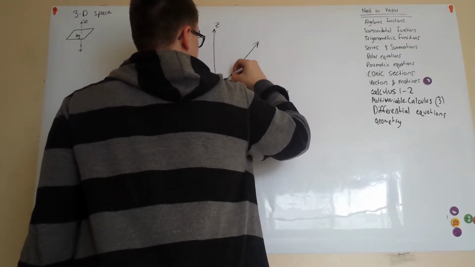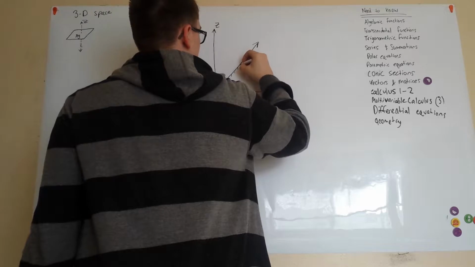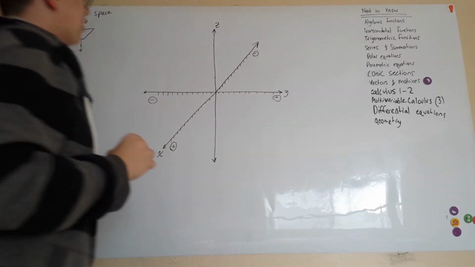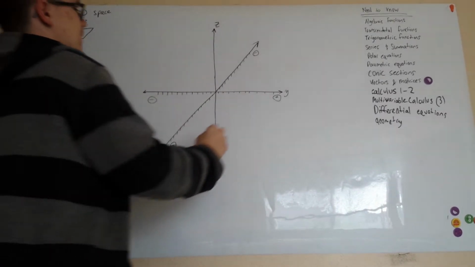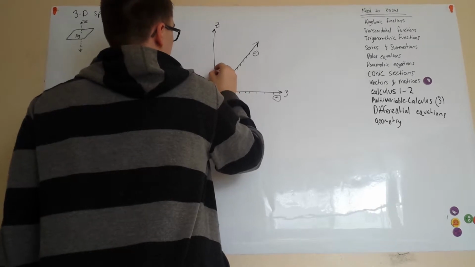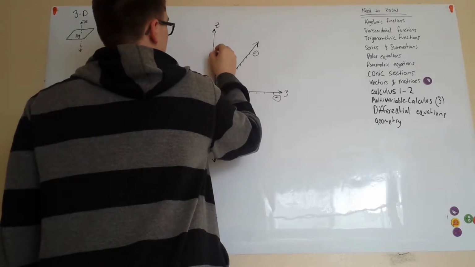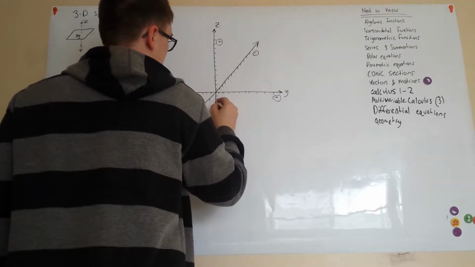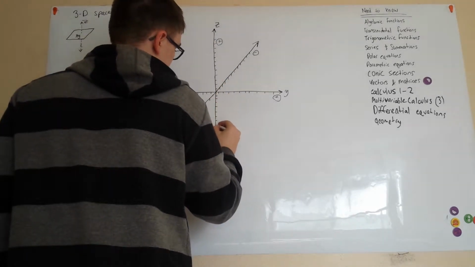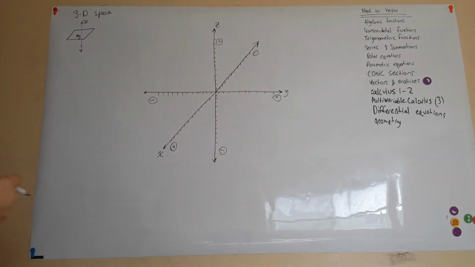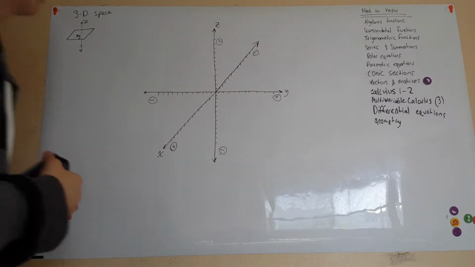And these lines might help you see the thing. Negative x-axis. Positive z-axis. And then negative z-axis. So that's all the positive and negative values we have up here.